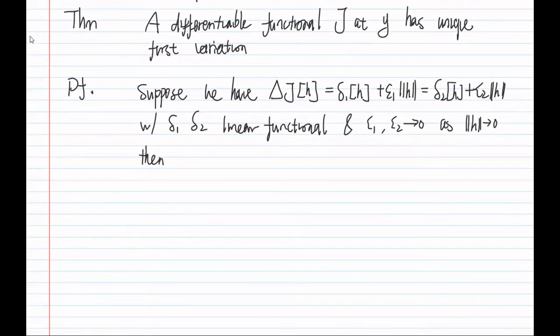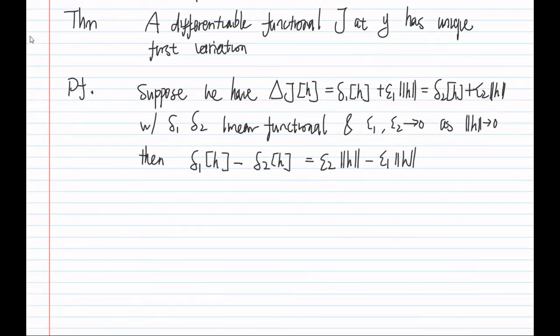We basically subtract one side from the other, and we will get the following. Delta 1h minus delta 2h equals epsilon 2 times the norm of h minus epsilon 1 times the norm of h. And then we can divide the norm of h from both sides and define a new linear function, okay?